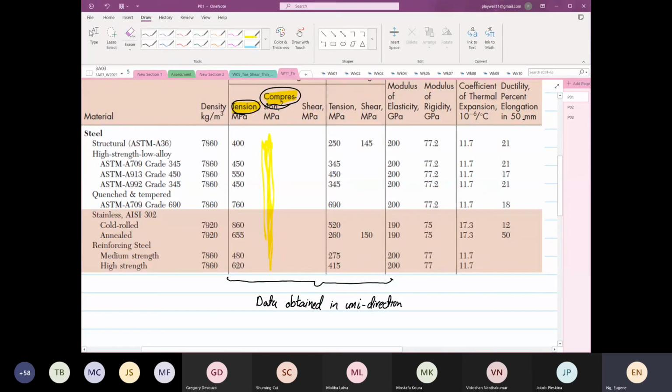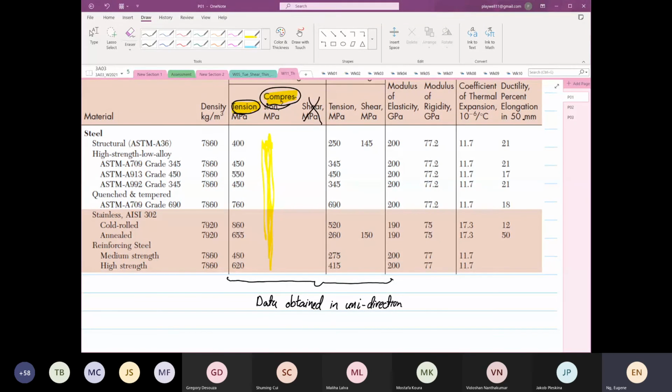When you see data like this, you can make an assumption that tension and compression have the same magnitude, but not for shear. You cannot assume the shear stress is the same as tension. That will be suicidal, a big no-no. If only one value is given, you can make the assumption that tension and compression loading are the same, but in general it's pretty risky.